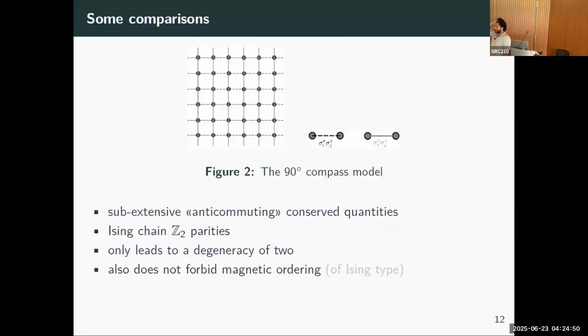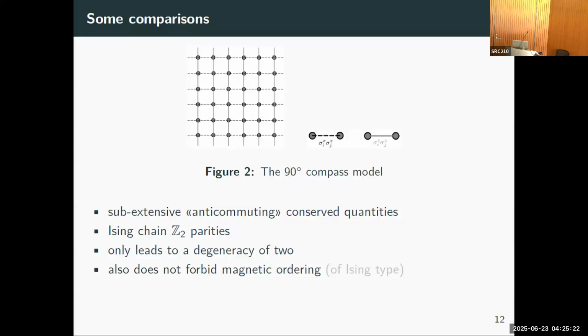Just to give some context, we can do some comparisons. Another model related to this construction that we wrote down is the 90-degree compass model. The way it is constructed is you have Ising chains. The Ising chains along, let's say, the x direction have couplings along x. And the chains in the vertical direction have couplings along z. So this is the 90-degree compass model.